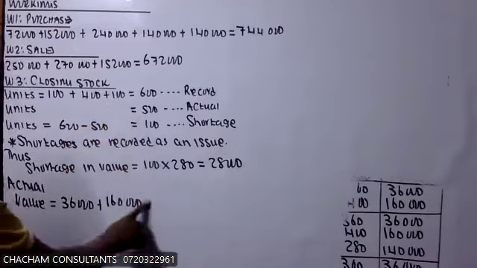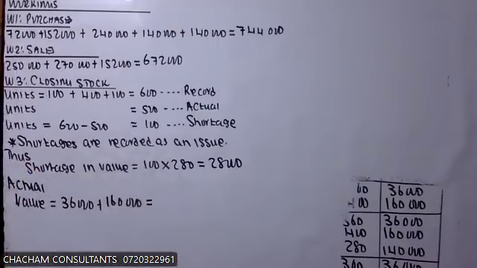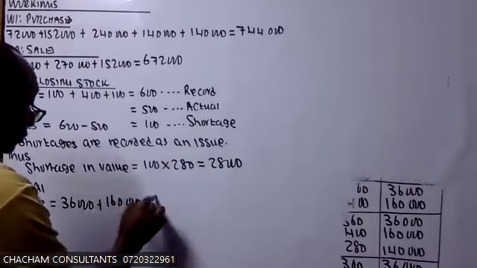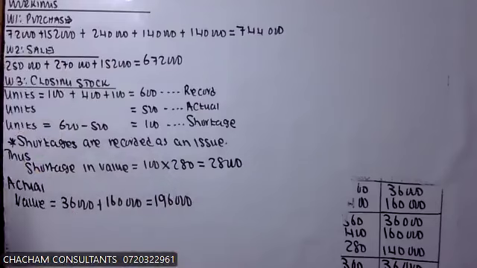Yeah, it is fine. So what is the correct cost? This one, 160 plus 36,000: 196,000.